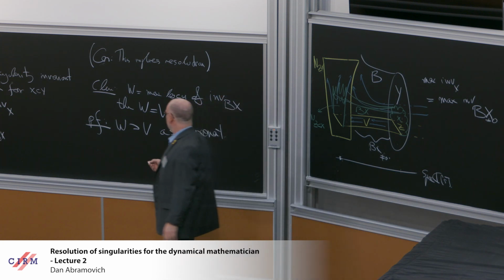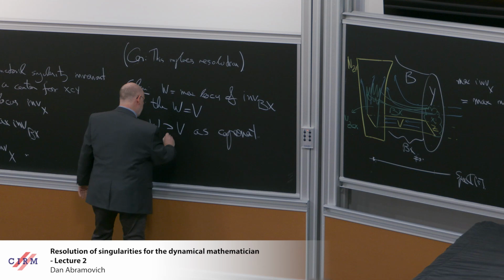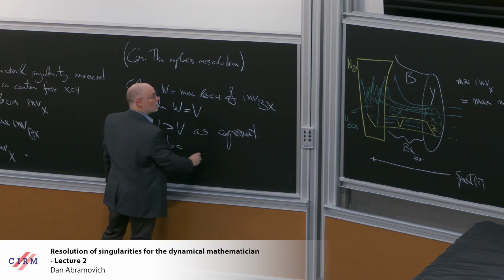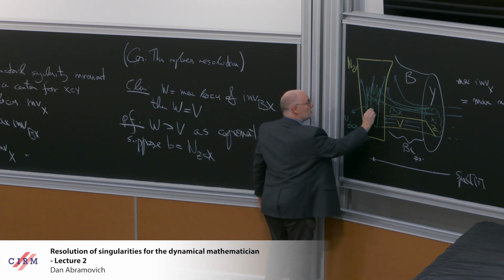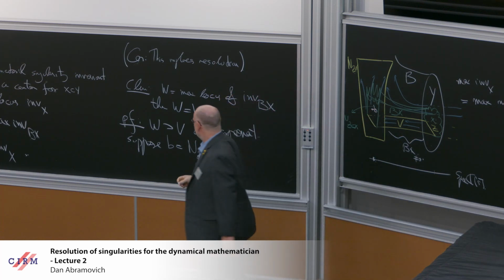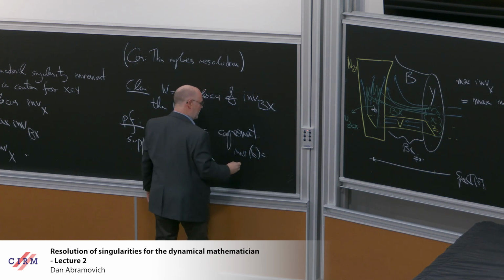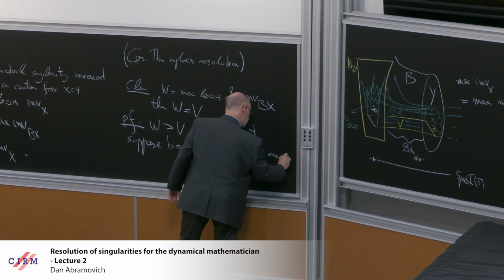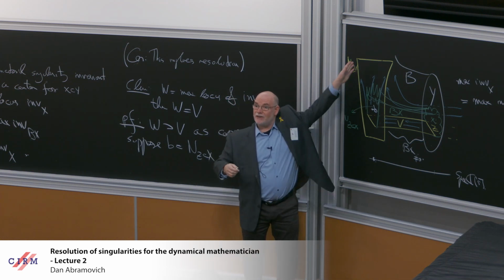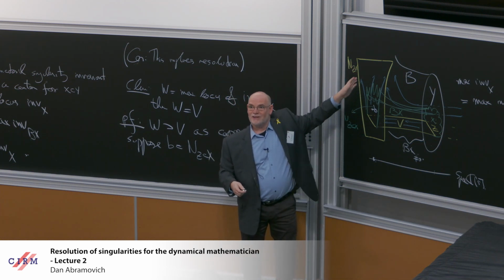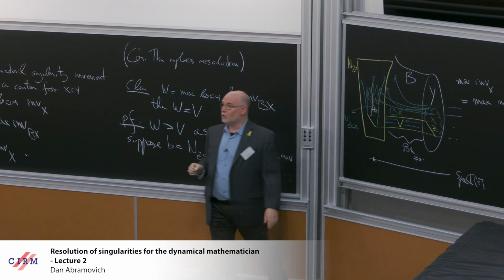Okay, so suppose B is in the normal cone. So here's B. And the invariant of B equals the maximum invariant. Now the invariant is functorial, and I have a group action here. So if it's functorial, then it's the same along the entire orbit of the group.